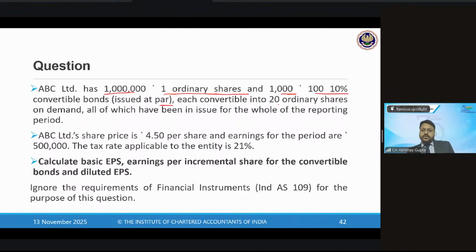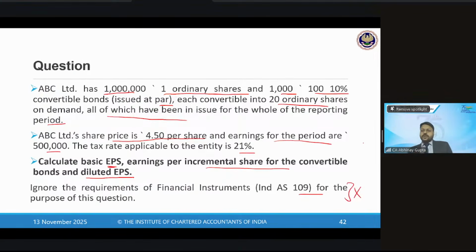Each convertible into 20 ordinary shares on demand, all of which have been issued in whole of the reporting period. ABC Limited's share price is 4.5 per share and earnings for the period are 5 lakh. Tax rate is 21%. Calculate the basic earning per share, earnings per incremental share for the convertible bonds and the diluted earning per share. Ignore the requirements of Ind AS 109 for the purpose of this question.